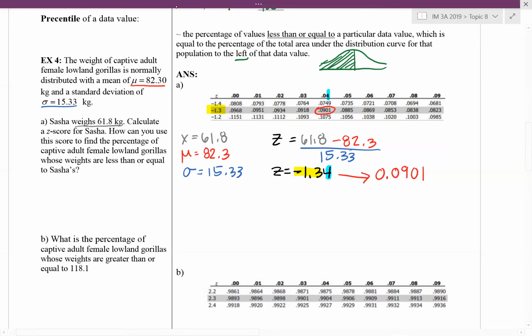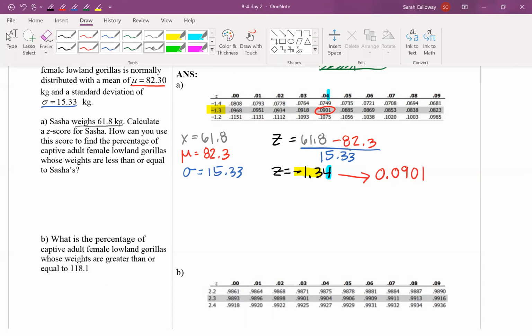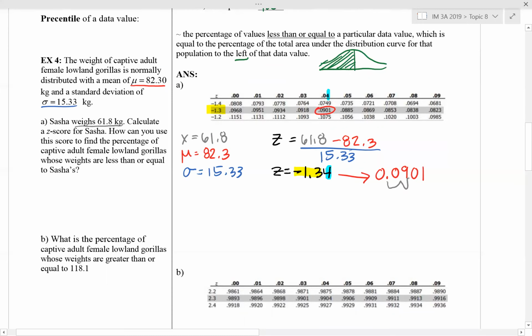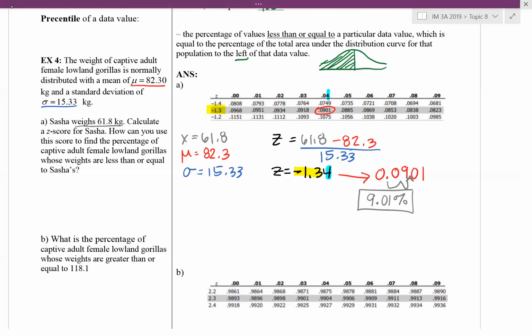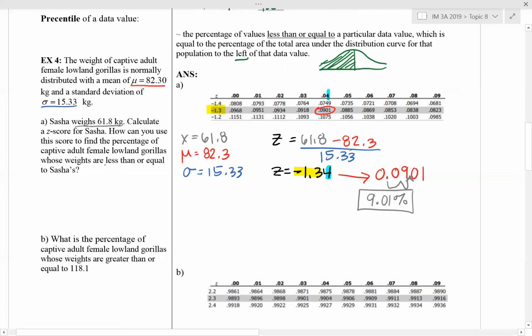So remember that to write something as a percentage, we're going to take that decimal and move it 2 values to the right. So that means that it's 9.01% that have a weight that is less than or equal to Sasha's weight. Okay, so again, this is only because it was less than or equal to, so that is the shading to the left.